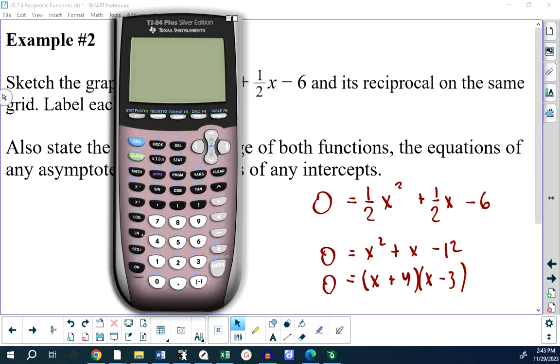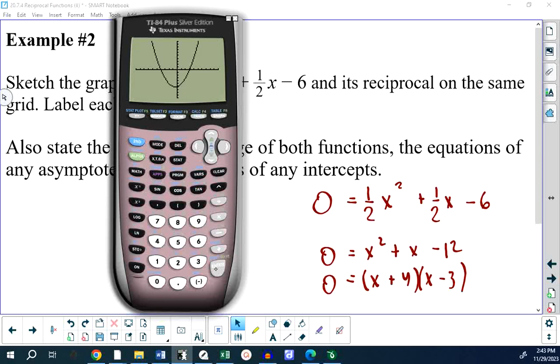So let's sketch this on our calculator. y is equal to 0.5x squared plus 0.5x minus 6. We want to graph the original function, not x squared plus x minus 12. That's not the original function. I'm going to go zoom 6. X-intercept of -4 and +3.